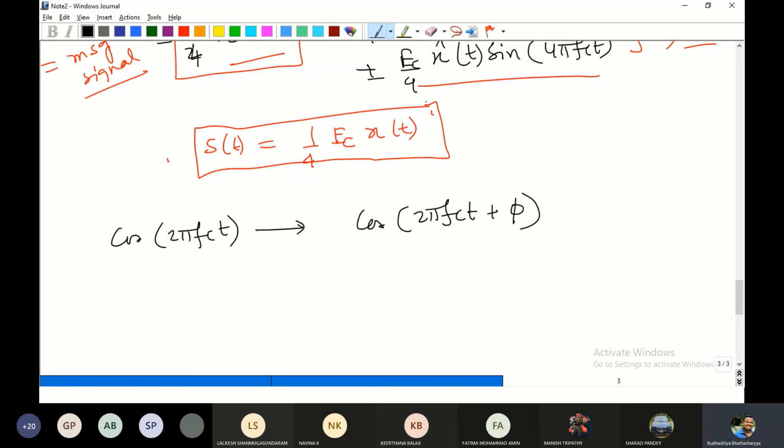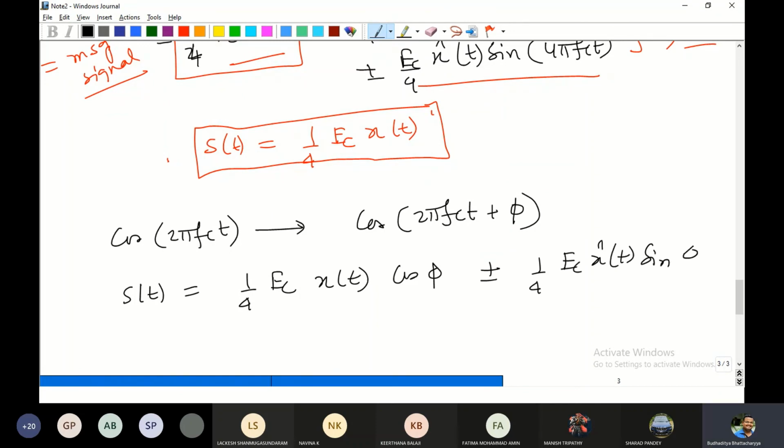If this is the case and you go on multiplying and do the process again in the same way, your s(t) would look something like 1/4 Ec x(t) cos phi, plus or minus 1/4 Ec x prime(t) sin phi. So now phi is a factor based on which x(t) is varying.